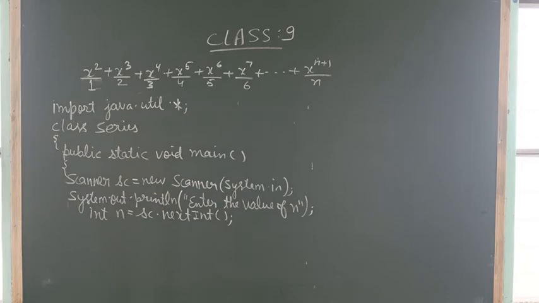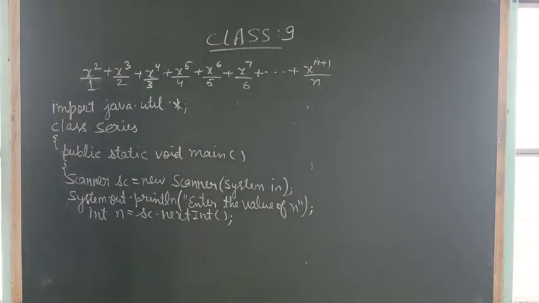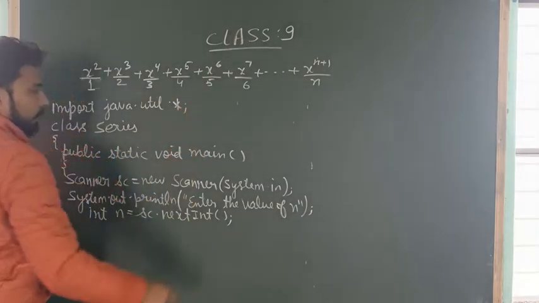In the same way, if the denominator is 6, then the numerator is 7. So in this way we are taking our numerator and denominator.